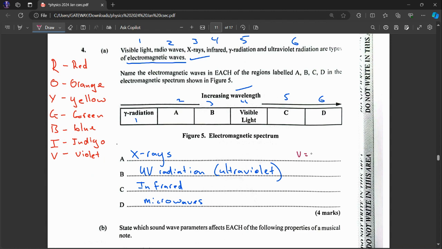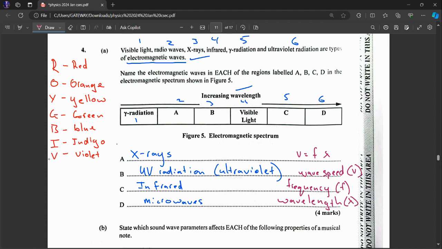So that will be v = fλ, where the wave speed would really be v, the frequency would really be f, and the wavelength we call lambda, right?